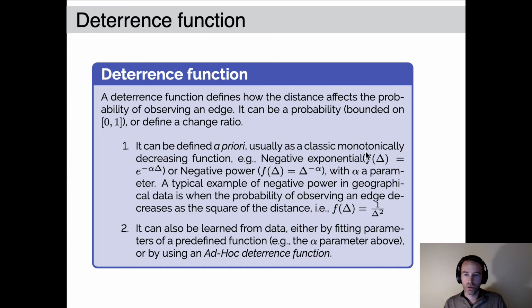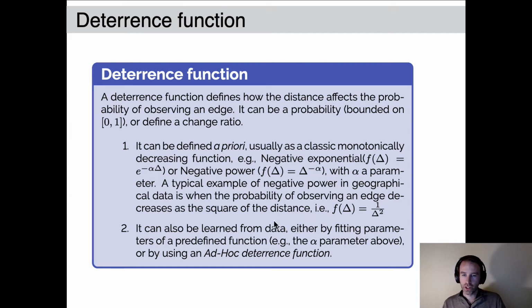So you can use, for instance, a negative exponential, or a negative power: in the first case the influence of distance will be the negative exponential of a parameter times the distance, and in the second, your distance to the power of a parameter alpha.